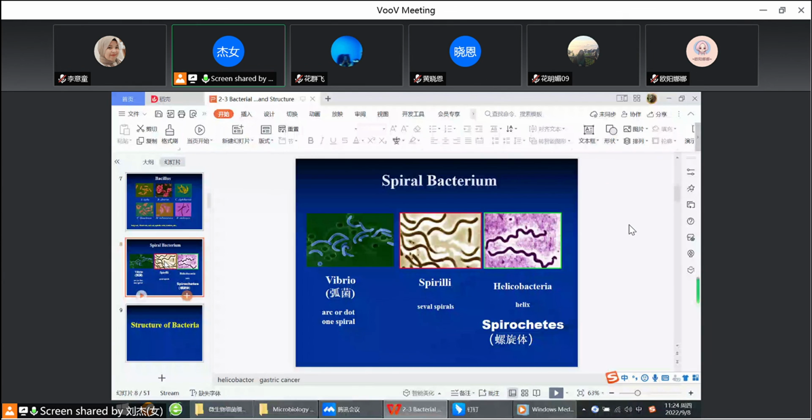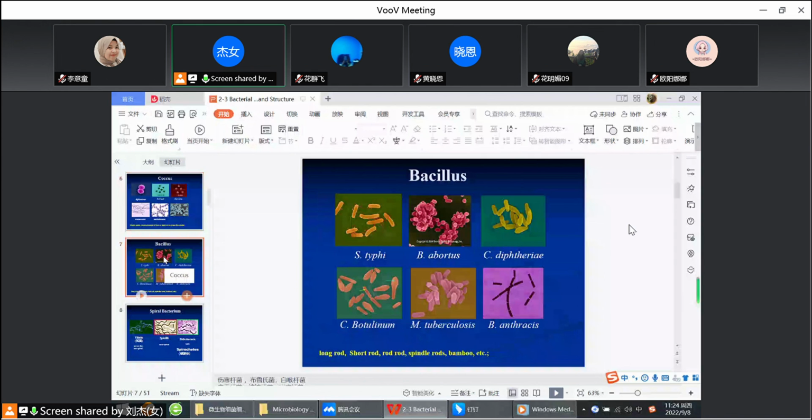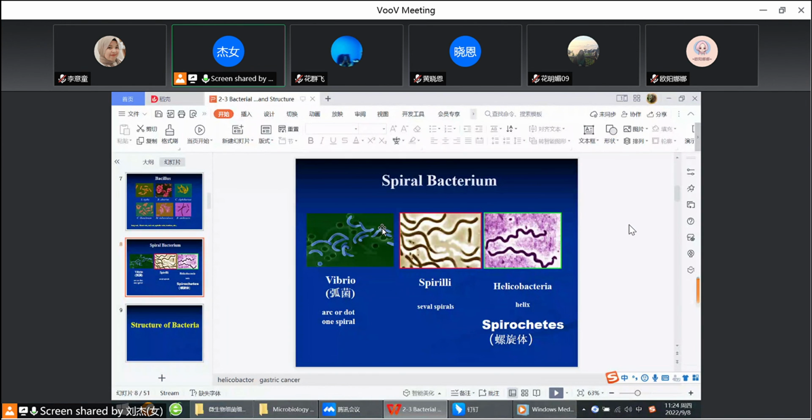You can download the pictures and write the name of the bacteria, and then write which group it belongs to. Is it coccus? Bacillus? Spirobacteria? At least download and find six kinds of bacteria, and write their names and which group they belong to. This is the first.